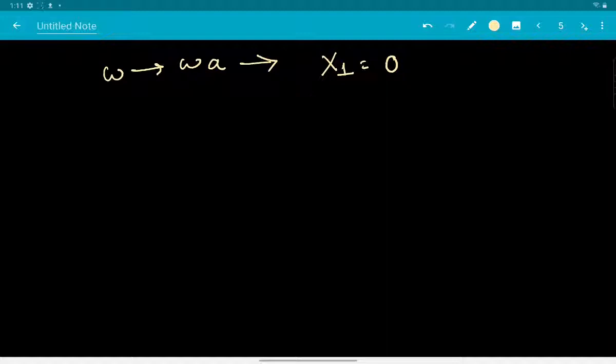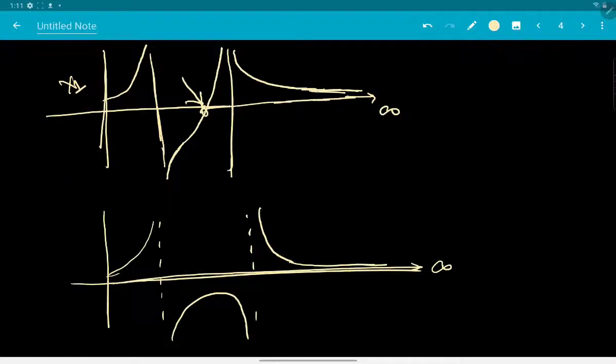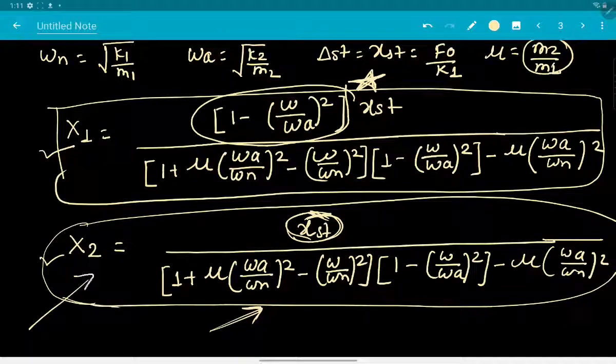Let's assume that we are picking that omega which has exactly the same value as omega a. If so, then x1 has to be equal to 0, and let's try to find out what the amplitude of mass number 2 is. In this expression you have to insert omega equal to omega a.